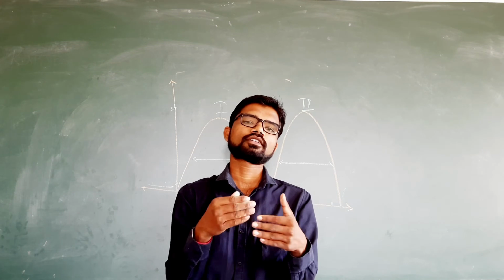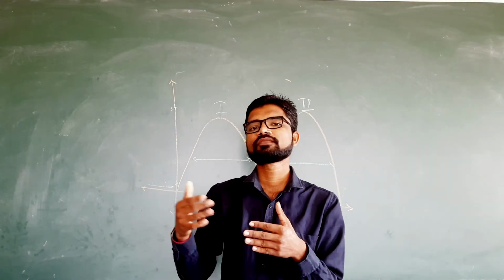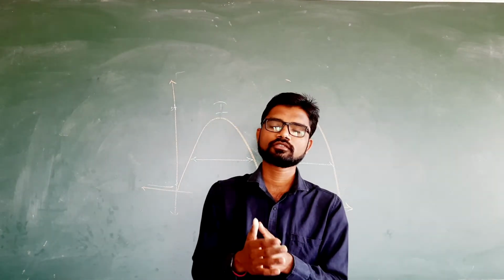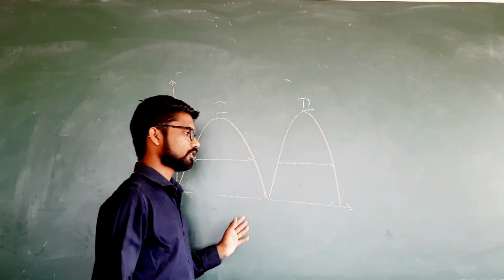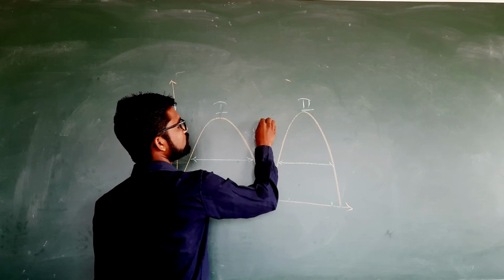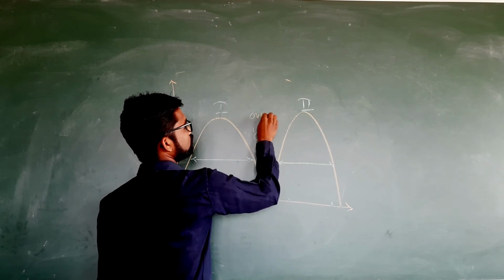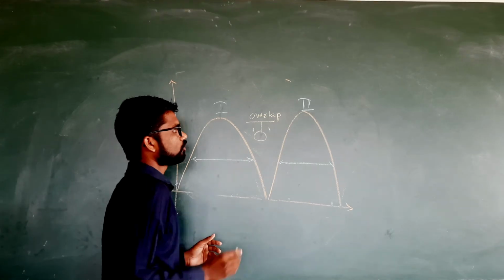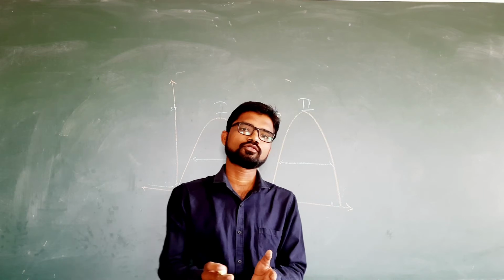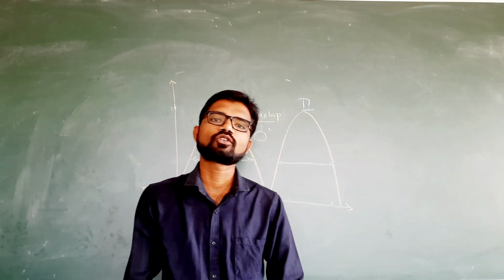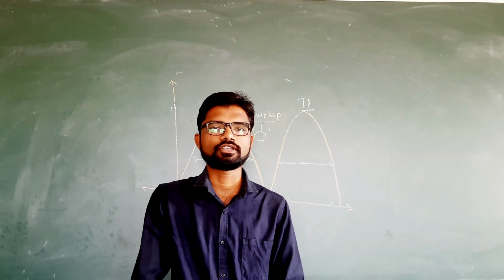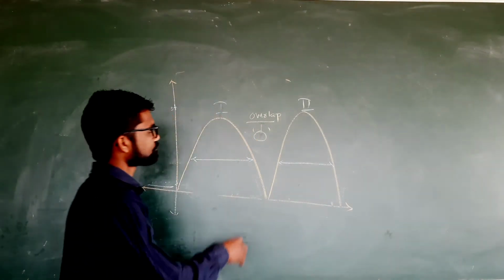Some living in this place are herbivorous, some are carnivorous, or some are decomposers. So in this case there is no overlap. Zero overlap is there. So there is no competition in that microhabitat.